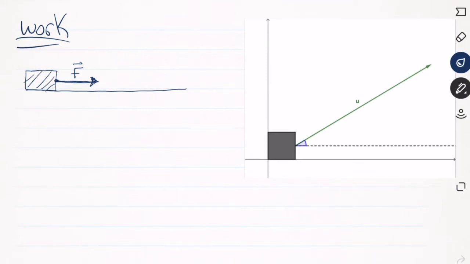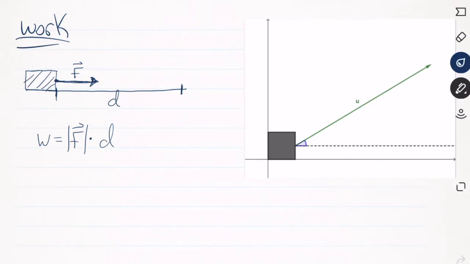All right, so then if we carry this thing a certain distance along the ground with this force, then work is going to equal force times distance. And here I really should say the magnitude of the force, because the force vector is not a number, it's a vector. All right, so that's what work is equal to.